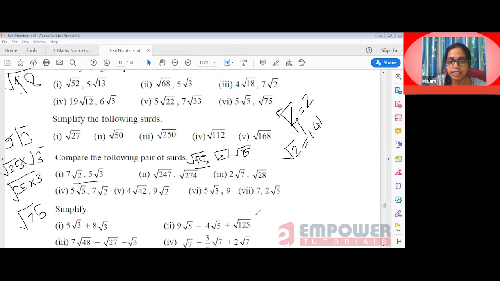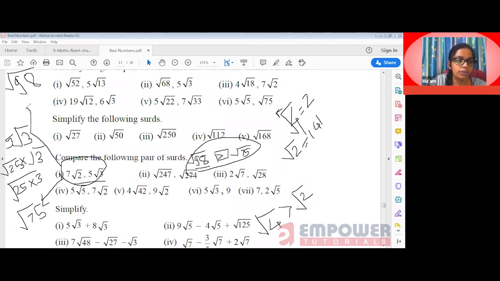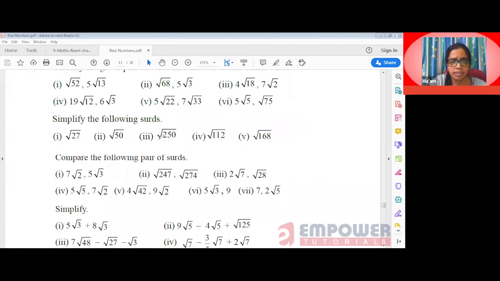So that means the square root of 4 is greater than the square root of 2. The same case applies over here. So you have to convert this form into the same surd form, so that you will be able to compare those two surds. So here this is simple. This one should be greater, right? Because this number is greater than this one.